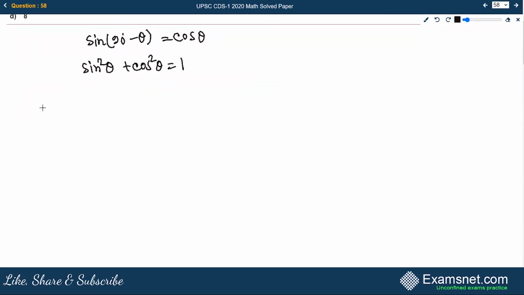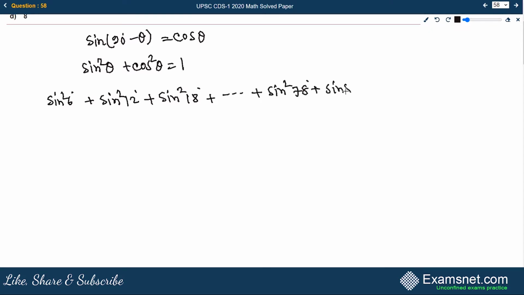Now first let me write the given expression: sine square 6 degree plus sine square 12 degree plus sine square 18 degree plus dot dot dot sine square 78 degree plus sine square 84 degree plus sine square 90 degree. As we can see, starting from 6 and going up to 90, every theta has a gap of 6 degree, correct?